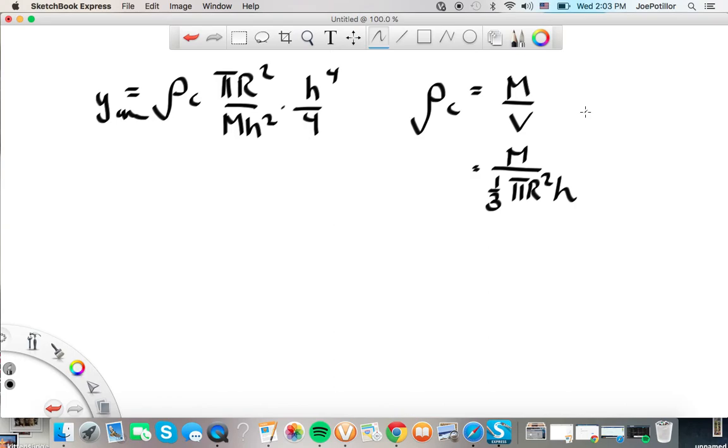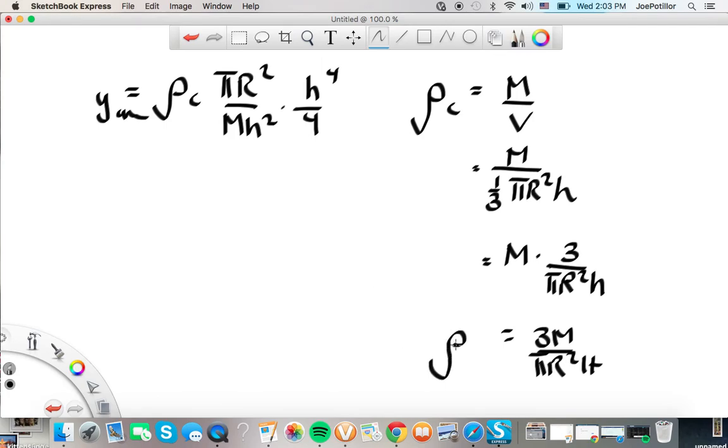And so if I manipulate it algebraically, we can do m times 3 divided by pi r squared h, which is equal to 3m divided by pi r squared h. So we take that and plug this in for the density of the cone. Okay.